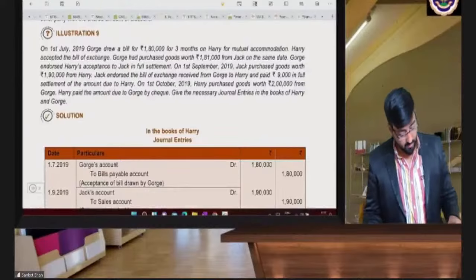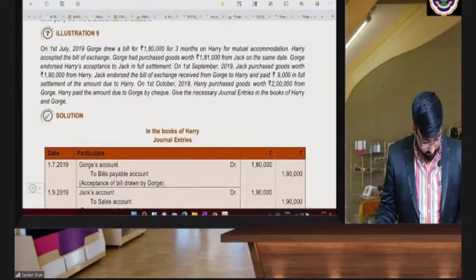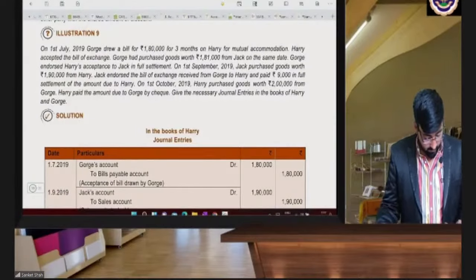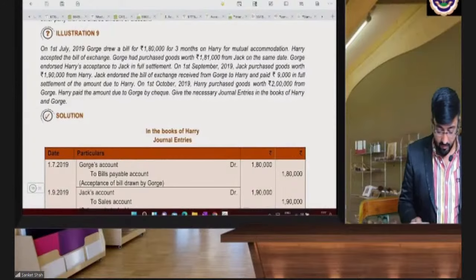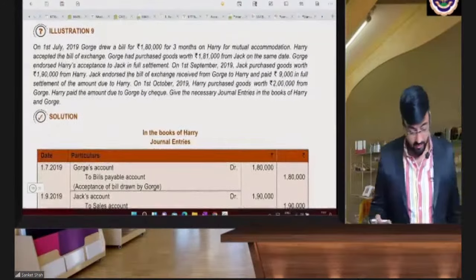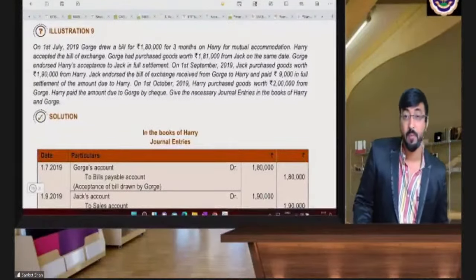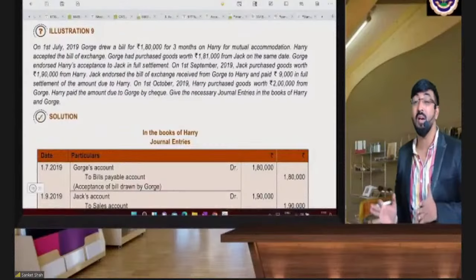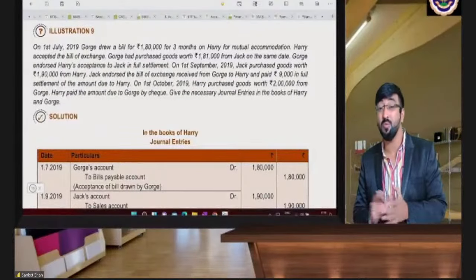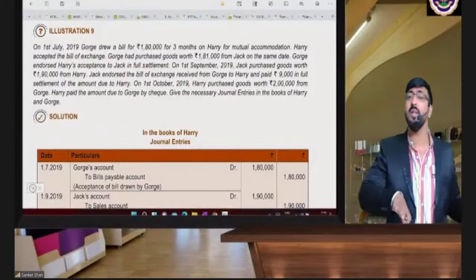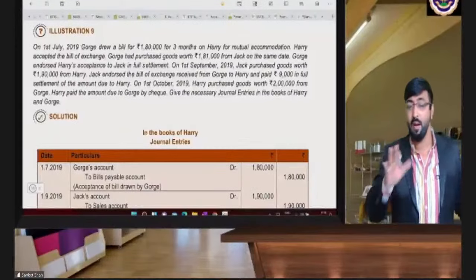Beta, not difficult, but we'll start with the second part, and many students are getting confused because they are not aware, and we will make it very simple. That is my assurance.